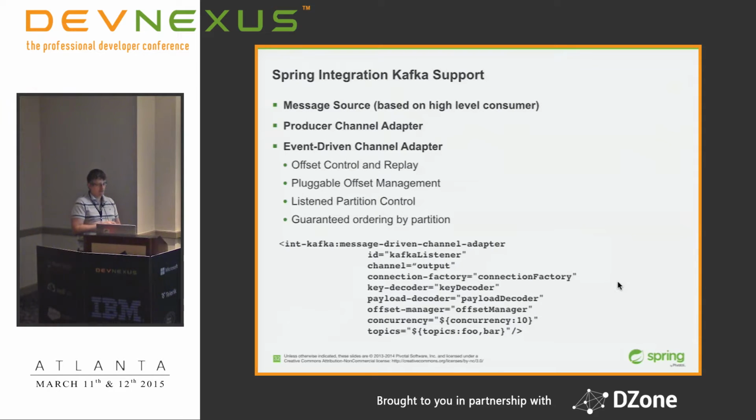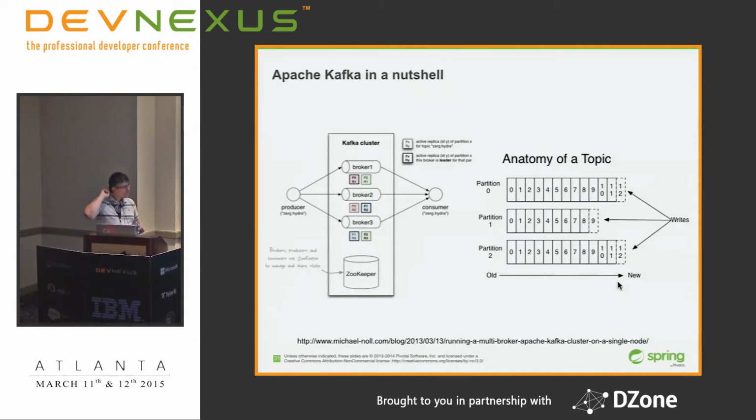We allow you to decide where to store your offsets. We allow you to control what partitions you listen to, so you can distribute your work any way you want. And all the while, we provide concurrency while preserving a very important contract, which is that all the messages from a given partition are consumed exactly in the order that they have been written.